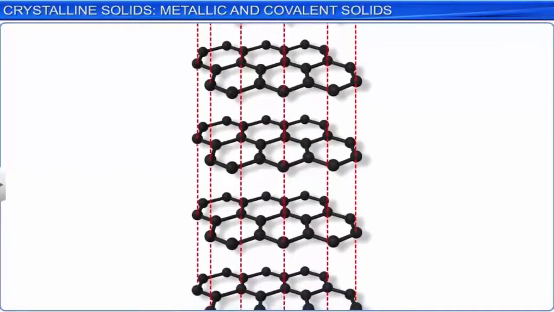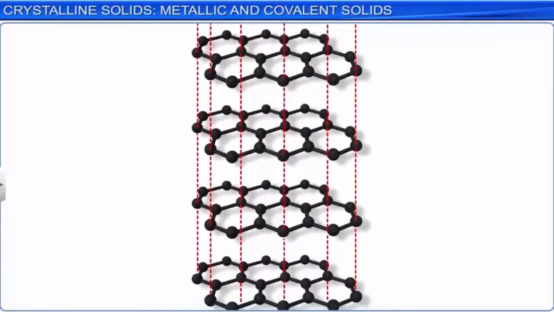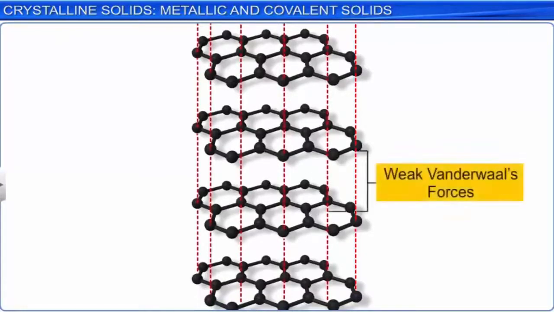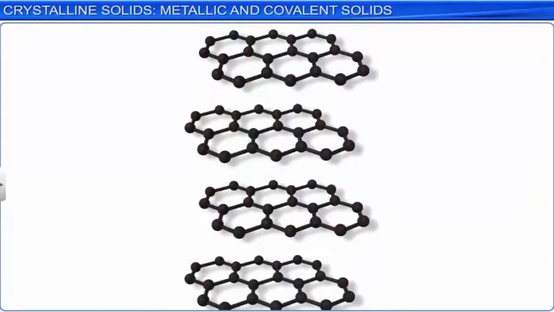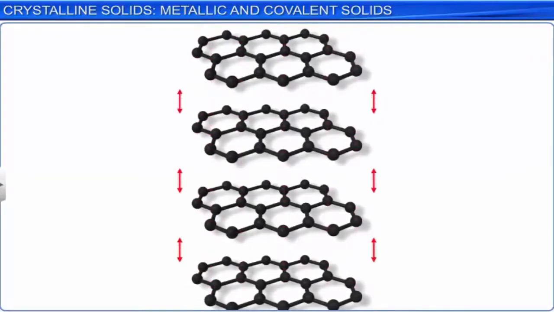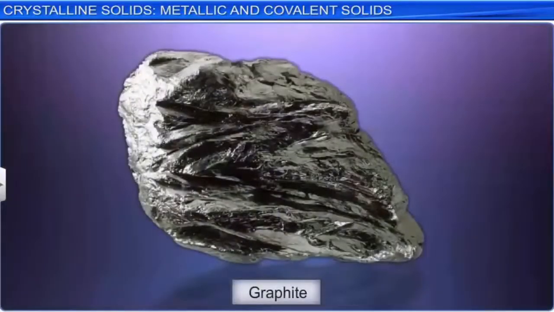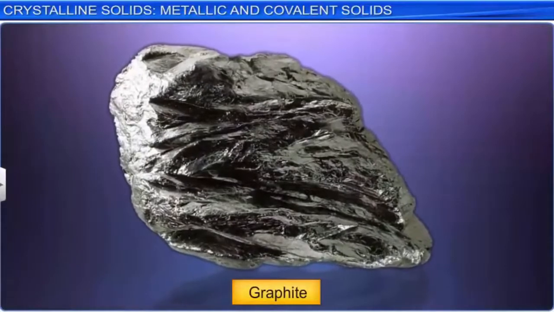These layers are held together by weak van der Waals forces of attraction. The layers can slide over one another when impurities are present between them. On account of this, graphite is soft and can be used as a solid lubricant.